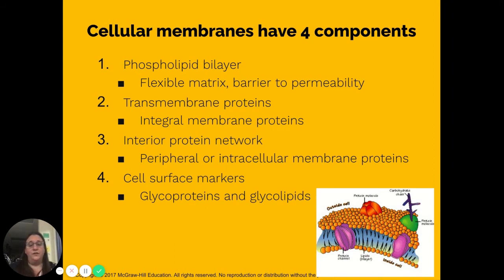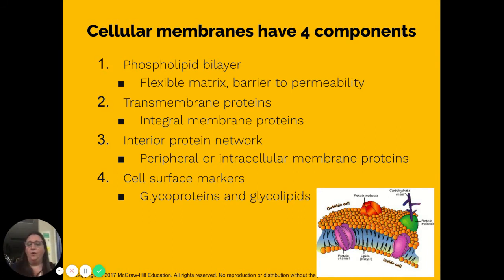You have an interior protein network, which will include peripheral and intracellular membrane proteins. So proteins that are on the outside or the periphery, and then proteins that are hanging out just on the inside of the cell membrane. So on the bottom part into the cytoplasm.